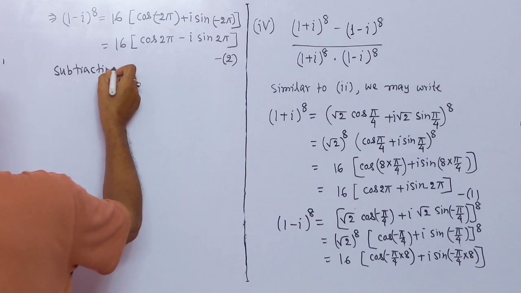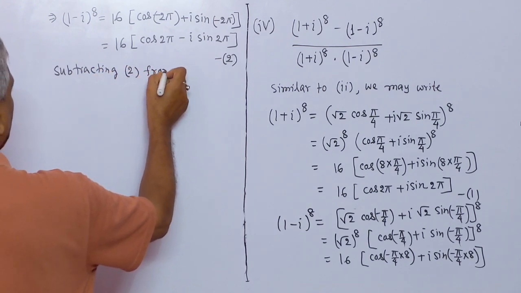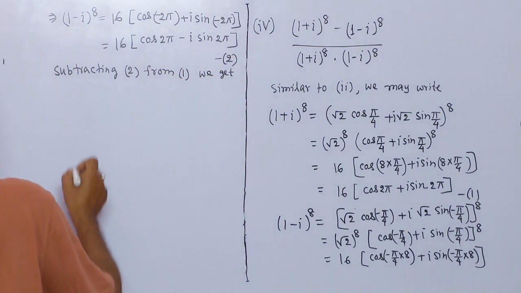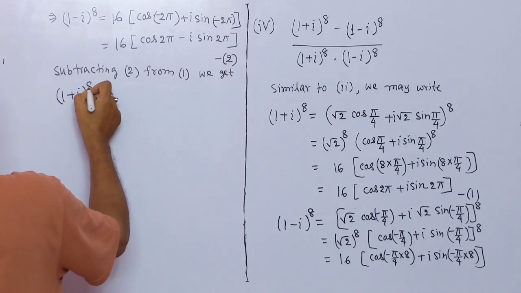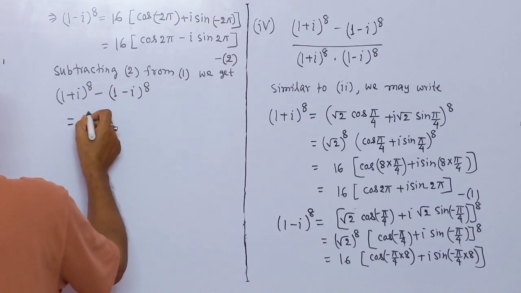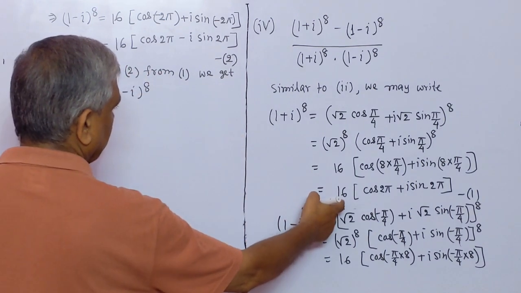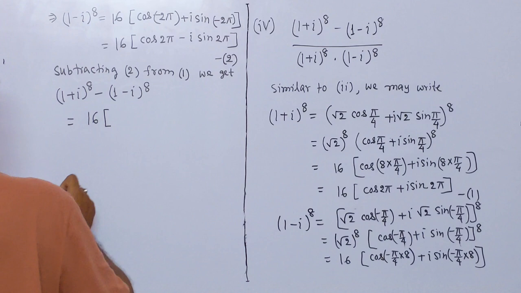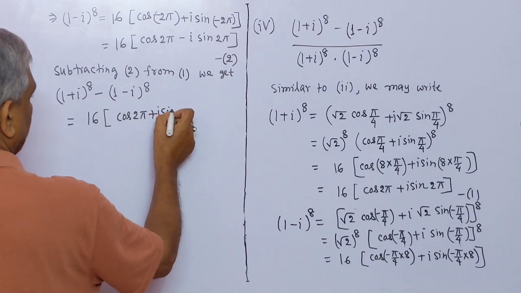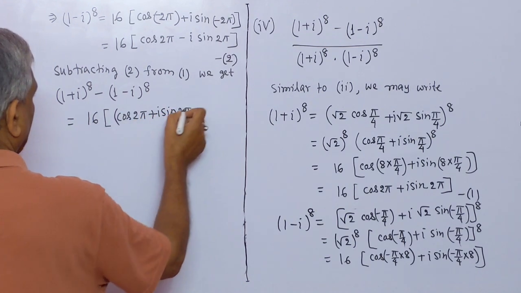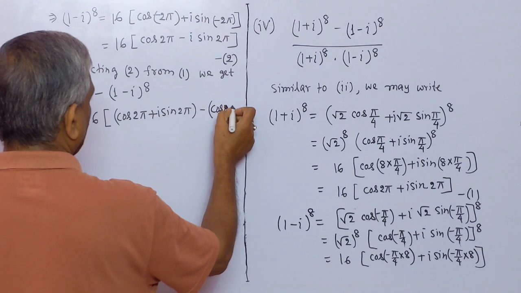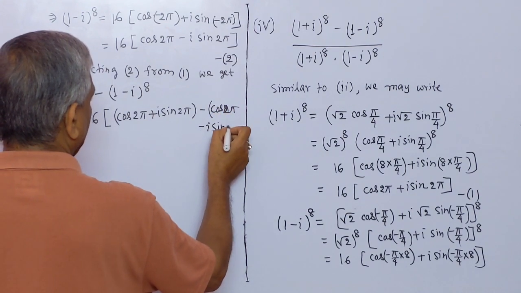Subtracting 2 from 1, we get 1 plus I to the power 8 minus 1 minus I to the power 8 equal to 16, taking common 16, cos 2 pi plus I sin 2 pi minus cos 2 pi minus I sin 2 pi.